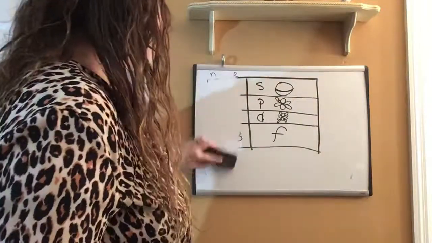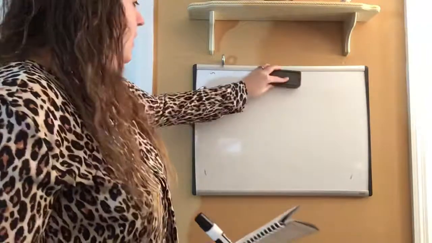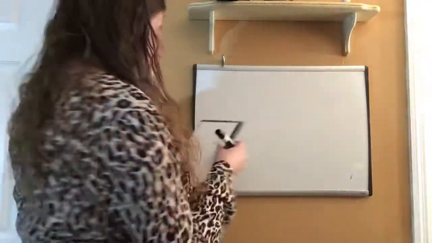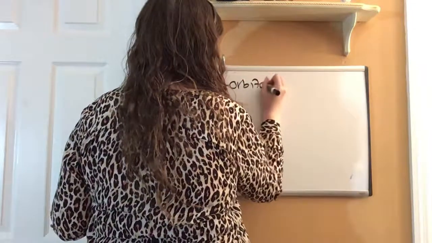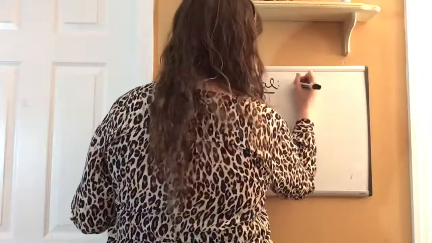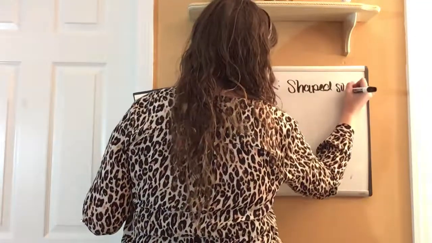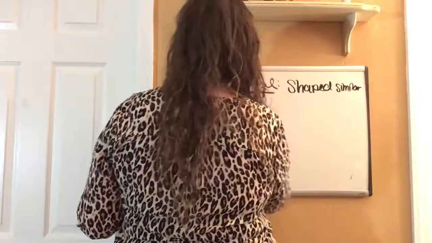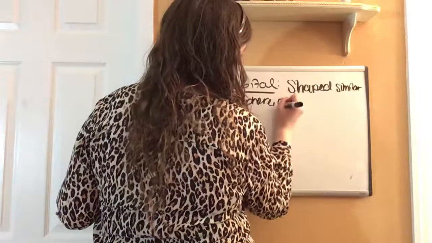So, what is the S orbital? The S orbital is the first orbital that you're going to see within each energy level. Okay? Its shape is similar to a sphere, and it only contains 2 electrons.